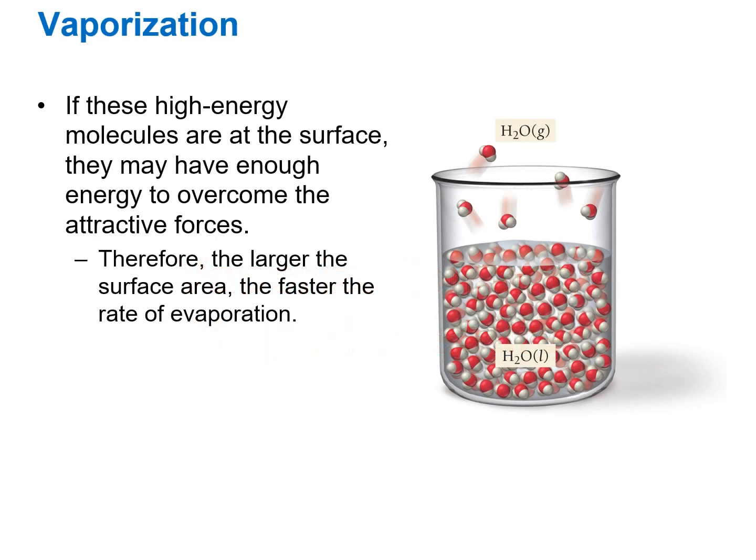Now, another parlor trick that liquids can do is something called vaporization. Here we're going to revisit the idea that the molecules at the surface of a liquid are having a different experience than the ones deeper down in the liquid.